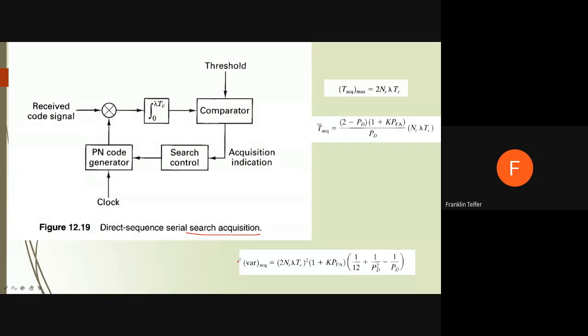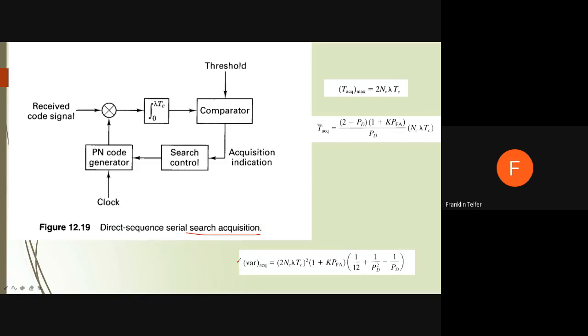Once the incoming output has a much higher value than the threshold, it will stop the looping process. It will go to the code tracking procedure. So first we see the acquisition. Once it is acquired, it goes to the tracking. Once the threshold is maintained, it goes to the tracking procedure.